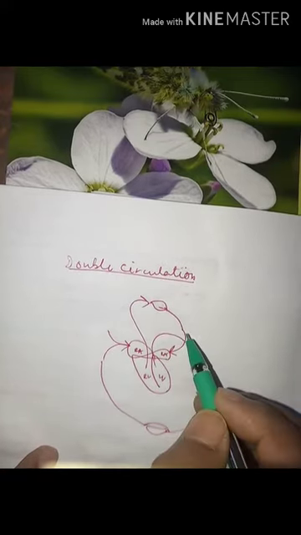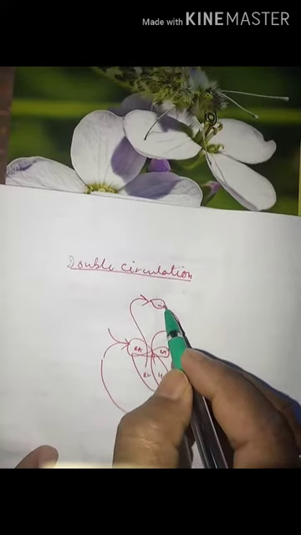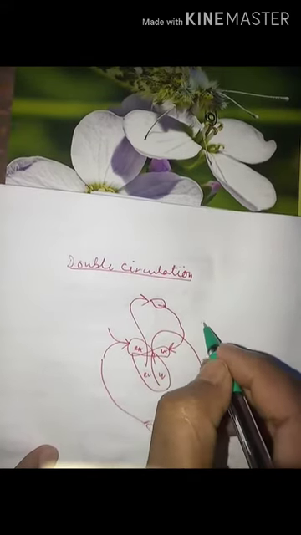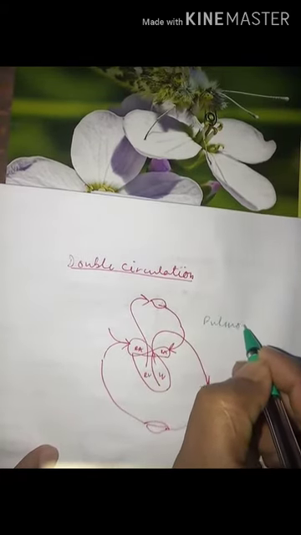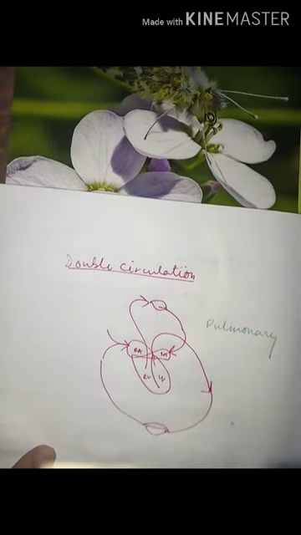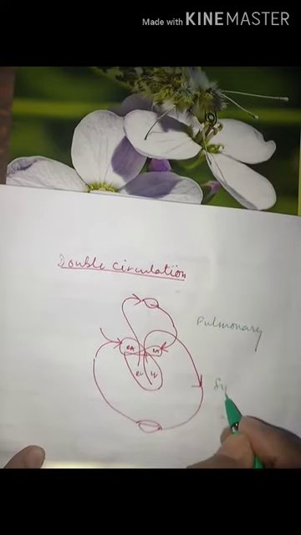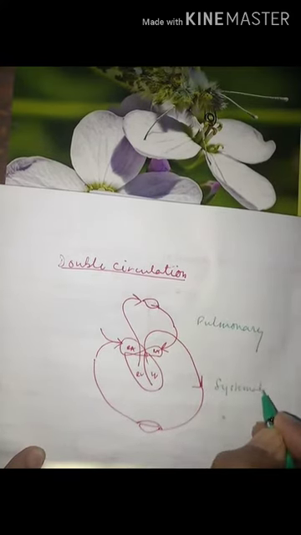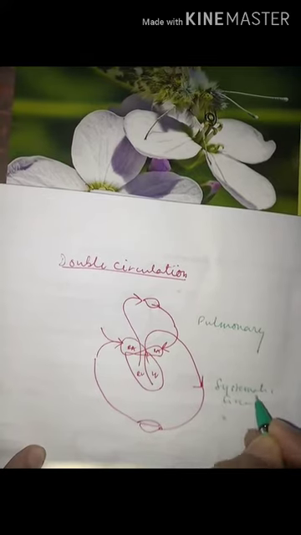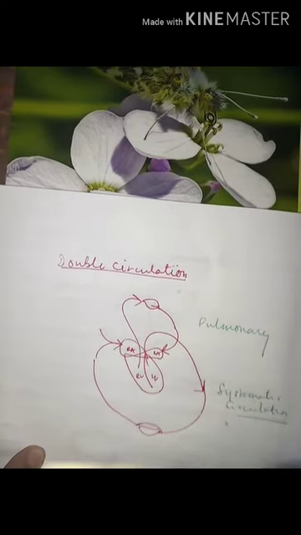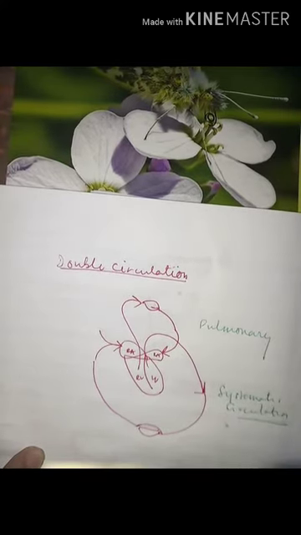The circulation between the lungs and the heart is called pulmonary circulation, and the circulation of blood between the heart and the body parts is called systemic circulation. So pulmonary circulation as well as systemic circulation together are known as double circulation.